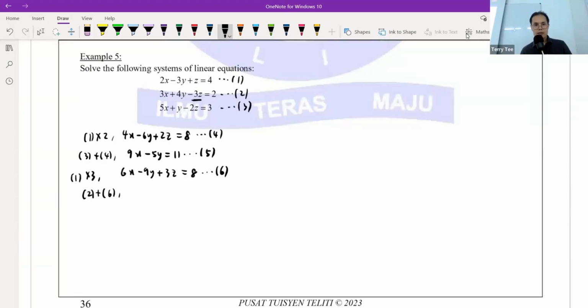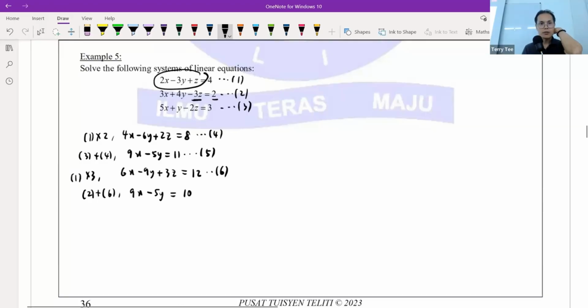So 3 plus 6, again, you get 9. 4 plus negative 9, negative 5y. And 2 plus, oh, this one is 12. Sorry, this is 12. Thank you. All right, then I take equation 2 plus 6. This is 14, right? Is it 14? This is equation number 7.